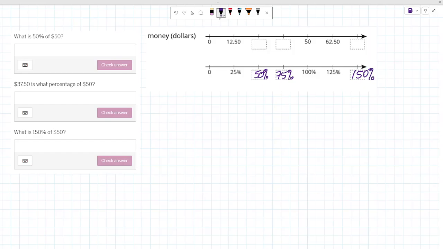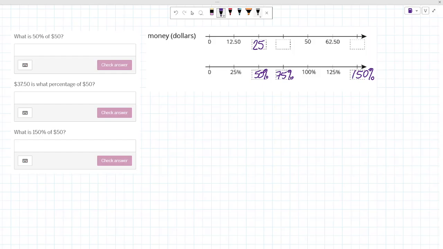Now, I see up top that 25% of $50 is $12.50. So for every 25% that I have of $50, I need to add $12.50. So what's $12.50 plus $12.50? Or, to get 50% of $50, think about what's half of $50. That's going to be $25.